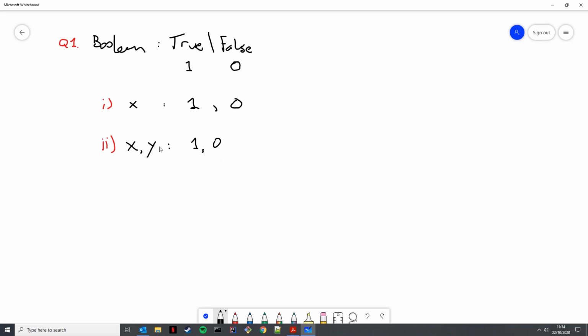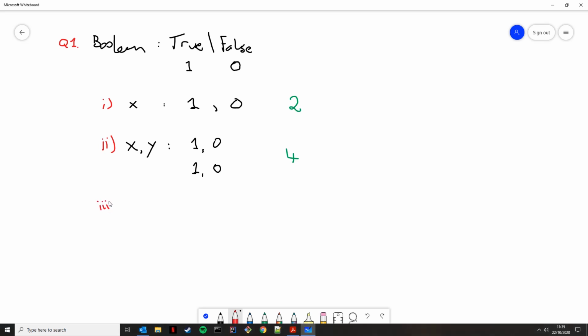But now we also have y can be 1 or 0. Let's write the answer here. So this can have 2. So now this can have 4 options. X can be 1, x can be 0, y can be 1, y can be 0.